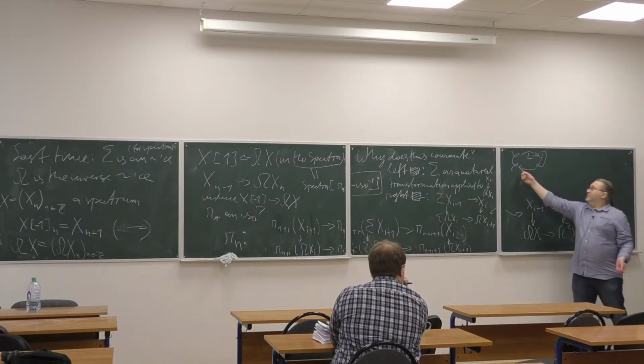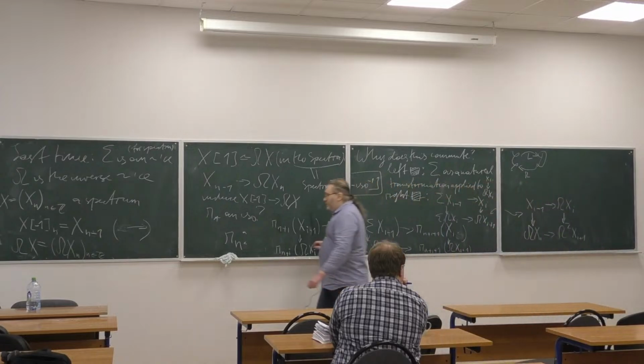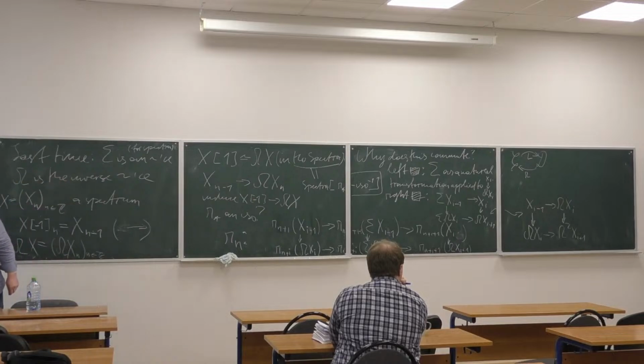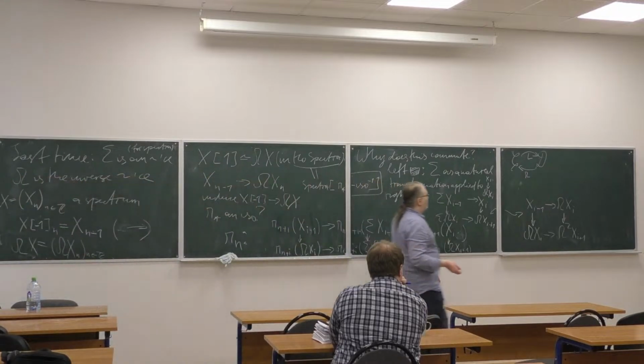Suppose we have two categories, C and D, and a pair of adjoint functors from C to D and the other way around.